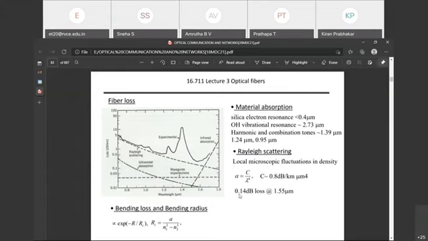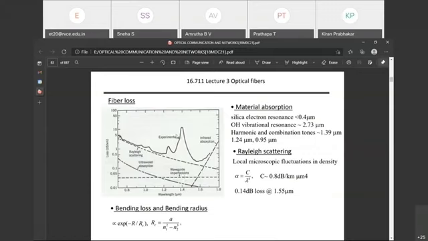This is yet another way of expressing it. There are also different absorptions and waveguide imperfections. We are going to talk about this waveguide imperfection or waveguide dispersion a little later.